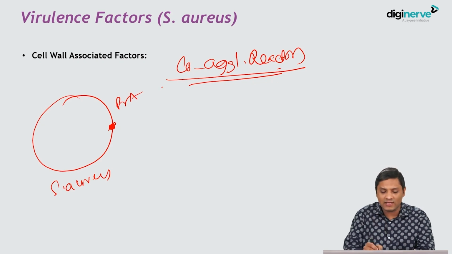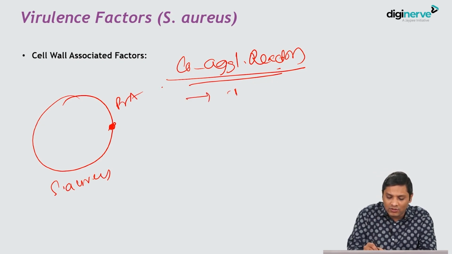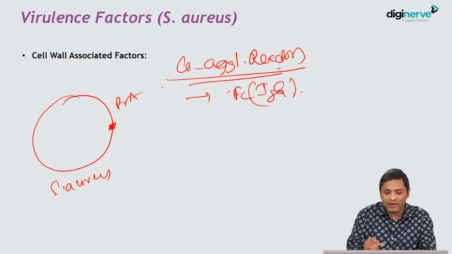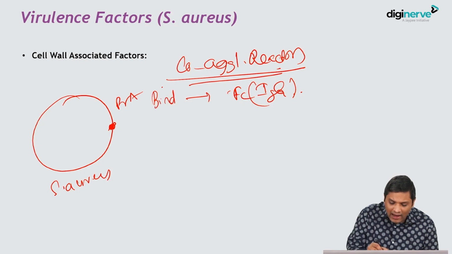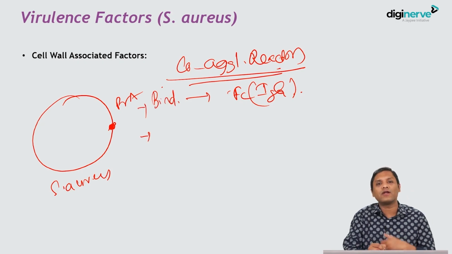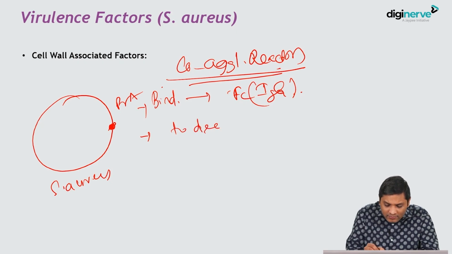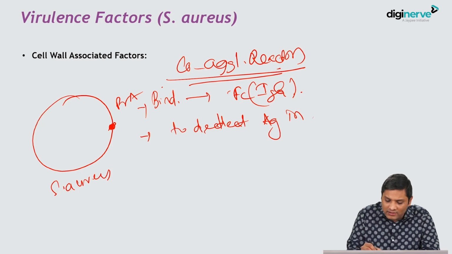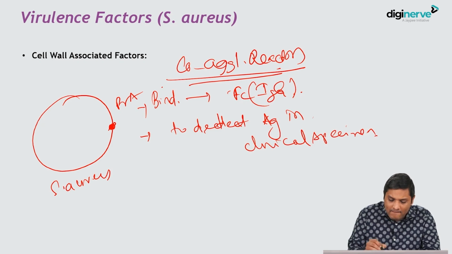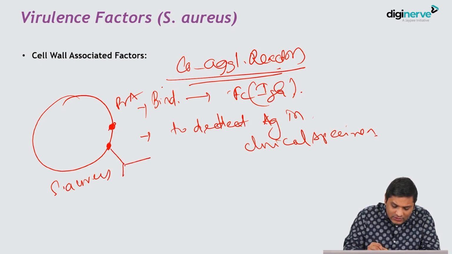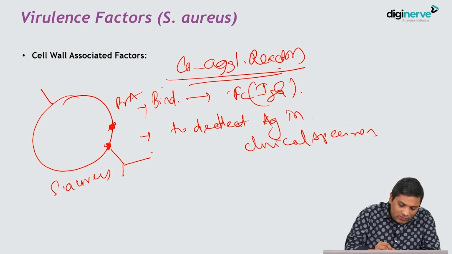Protein A of Staph aureus has a property that it can bind to the Fc portion of any IgG antibody, and this property can be exploited to detect antigens of various organisms in clinical specimens by binding their respective antibodies to protein A of Staphylococcus aureus.